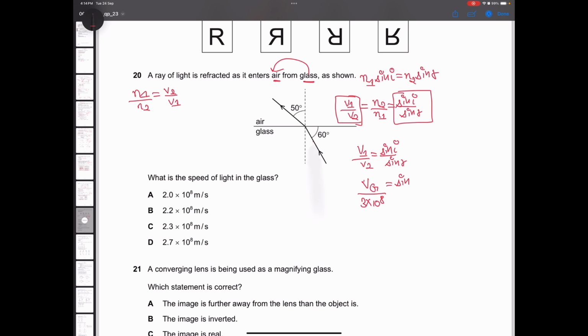Just take care of this. The angle will be this. This will be the angle of incidence, which is 30 degrees. So sin 30 over the refraction angle, which will be sin 50. So the velocity of light in glass, if you solve this, will come out to be 2 times 10 to the power 8 meters per second. This is the correct answer.